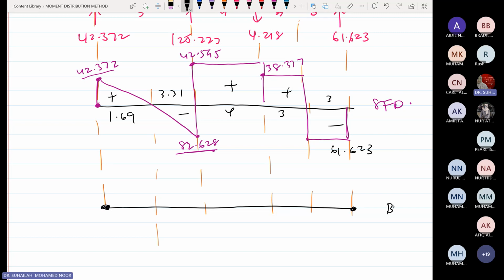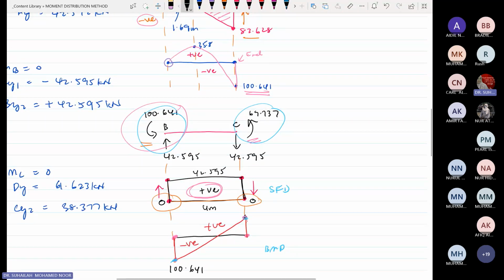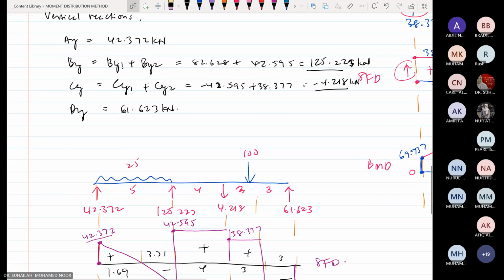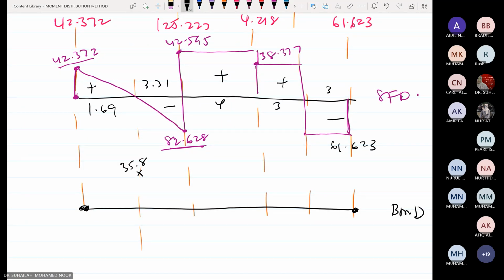So for BMD, kita start dengan 0. Point ni sama dengan point tadi itulah. Yang tadi kita dah dapat 35.8. Betul tak? 35.8 tu. Minus dengan area tu dapat. Kita start dengan 0. Dapat 35.8.